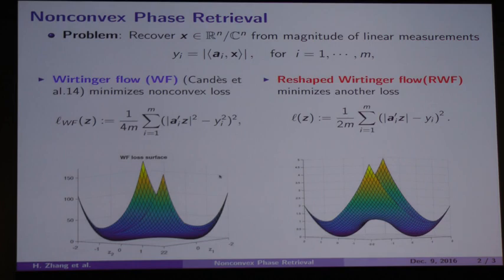Previously, in 2014, Emmanuel Candès proposed the Wirtinger flow, which minimizes a non-convex loss, written on the left-hand side. By minimizing this loss function, it returns exact recovery with a fast convergence guarantee.